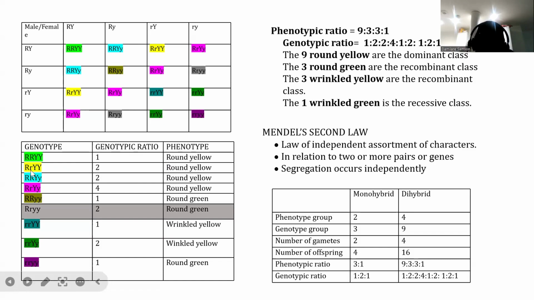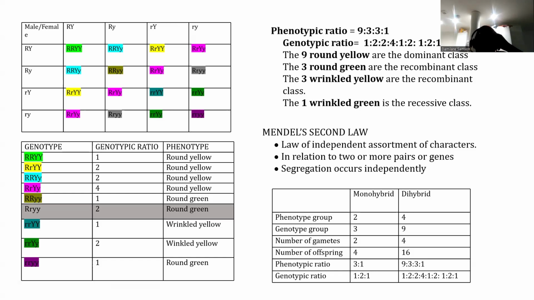This intermediate will now be pink broadleaf. This one will be red intermediate. This one will be pink intermediate.